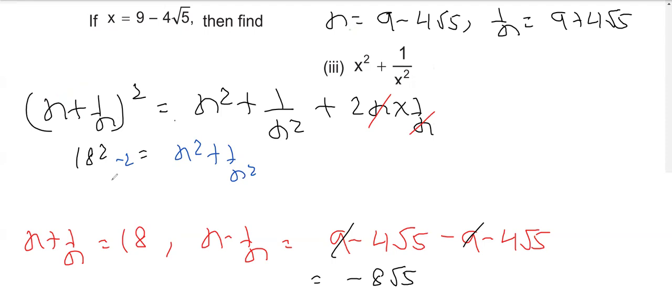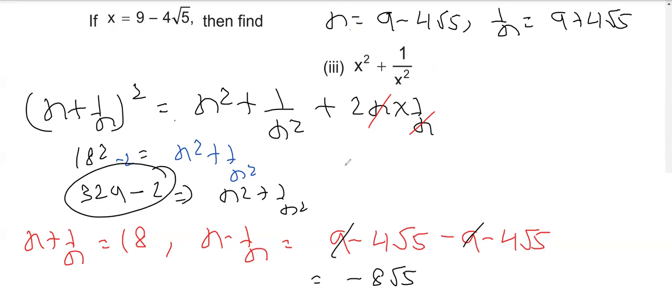We know that 18 square is 324, so this is 324 minus 2. That should give the value of x square plus 1 by x square, and 324 minus 2 is 322.